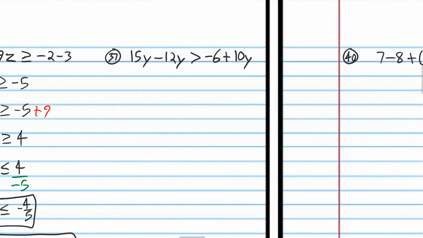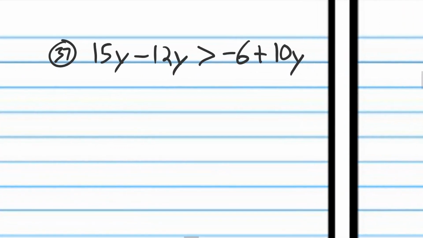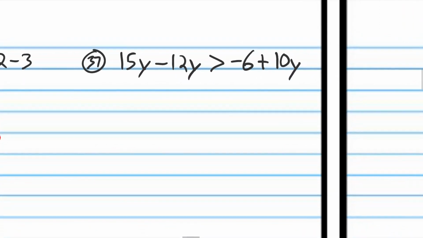Try number 37, and when you come back, we'll do it together. All right, we're back. 15y minus 12y is 3y.